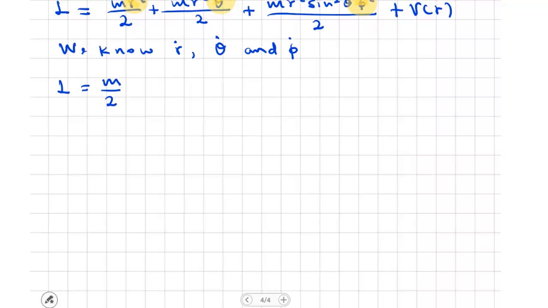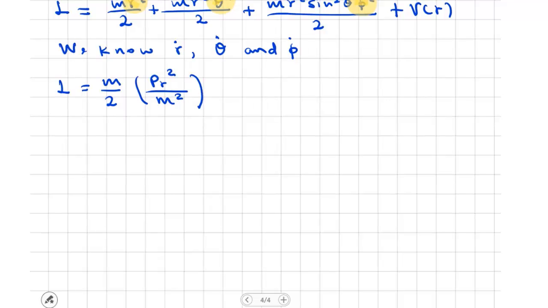m divided 2 multiplying r dot squared, but we know that r dot is pr dividing the mass. Alright, but because it's elevated to the second power, so we have to elevate to the second power the numerator and the denominator.